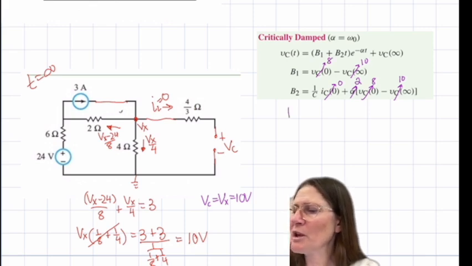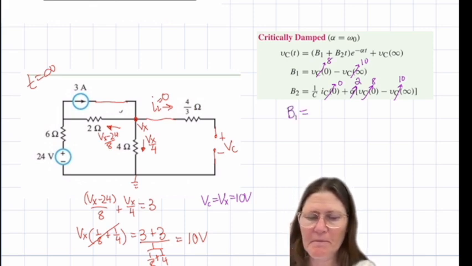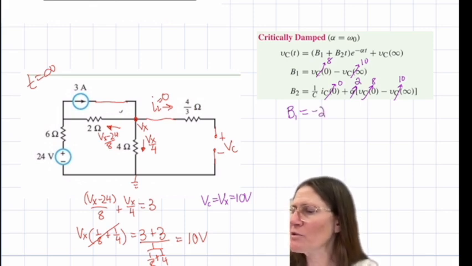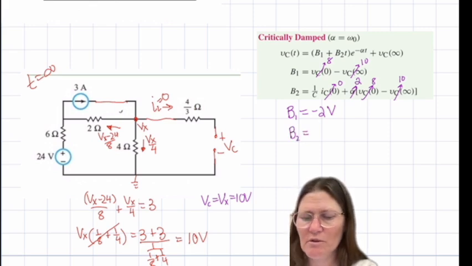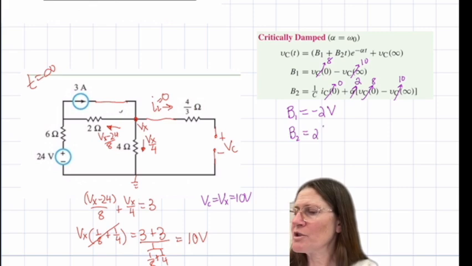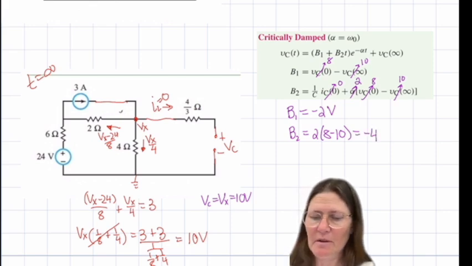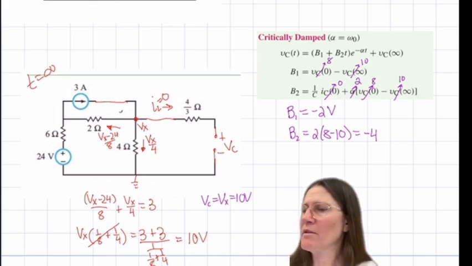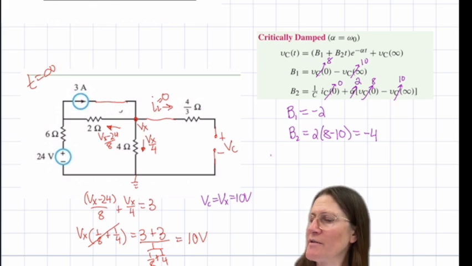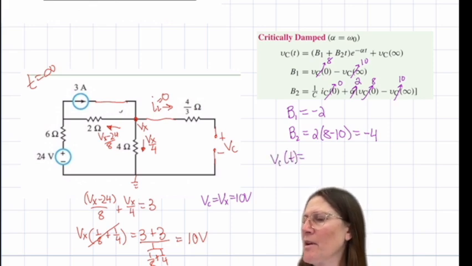So that gives me a B1 of -2 and B2 of 2 times 8 minus 2, 10. So -4. And then VC of t is -2 minus 4t, e to the -2t, plus 10.